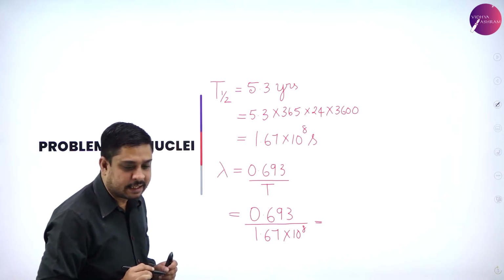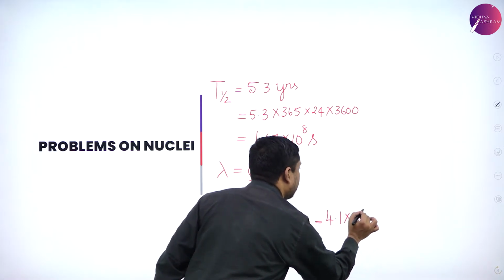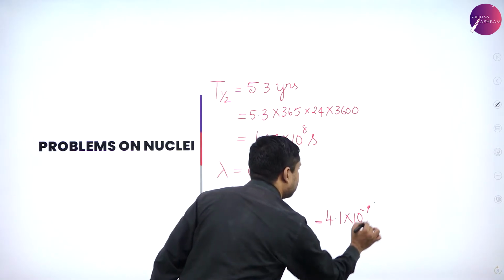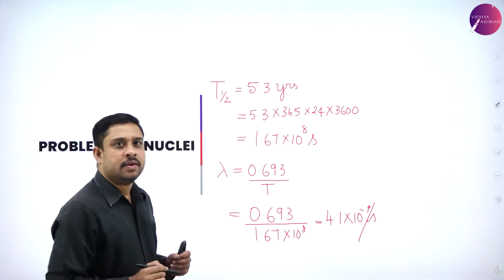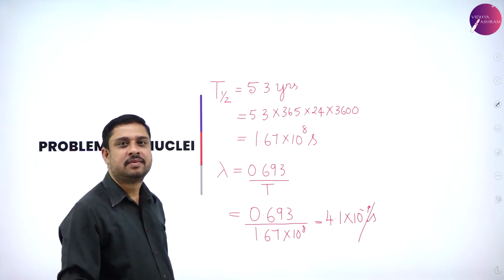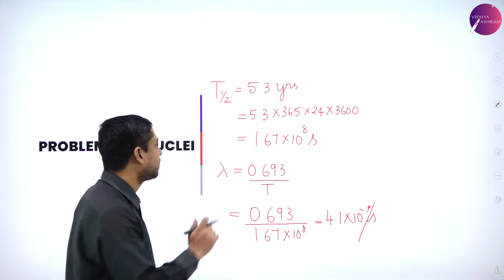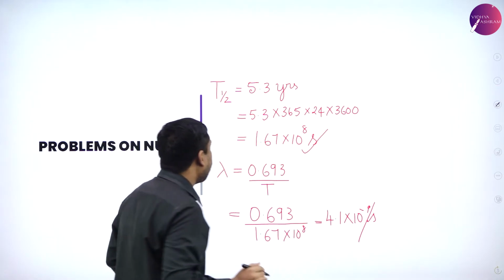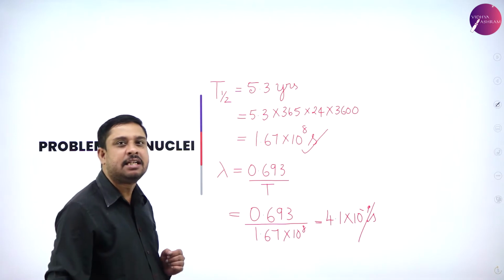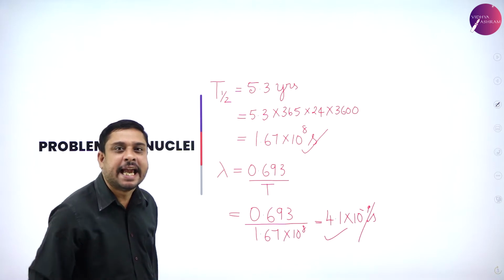So this is nearly 4.1 into 10 power minus 9 per second. So first, I calculated activity in terms of disintegrations per second. Next, I converted half-life in terms of seconds. Now I have got the decay constant.